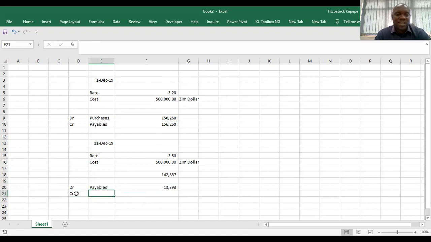In reducing payables, guys, the difference, that same 13,393, will go to P and L. So with P and L, we'll credit. It will increase the profit or reduce the loss, depending on what is there.